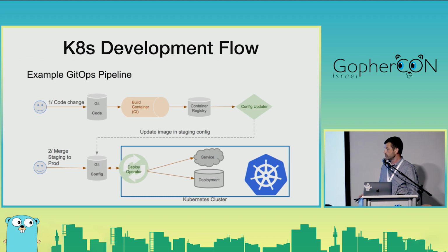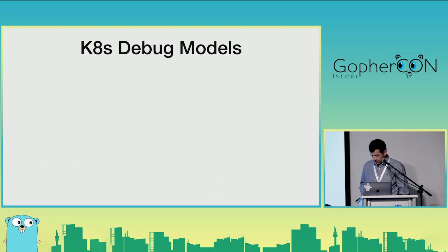Then you have deployment procedures triggered by the Git push. It knows how to deploy your application as a deployment, as a service, to the Kubernetes cluster. This is the whole flow it takes for code to get to production after you change it. So what are the approaches to debug this kind of service deployed on Kubernetes?